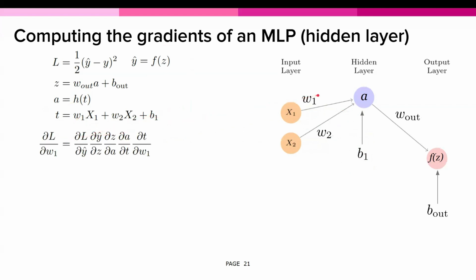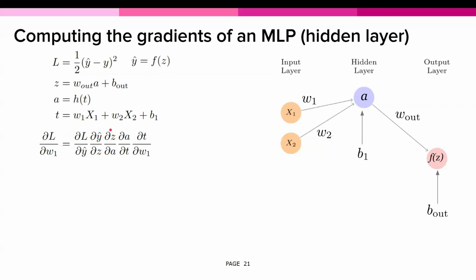Now, let's still focus on the subproblem of computing the gradient of the loss with respect to one single parameter, w1. And so we're still going to be working with the chain rule. As before, this will be the partial derivative of L with respect to y hat, and then the partial derivative of y hat with respect to z.